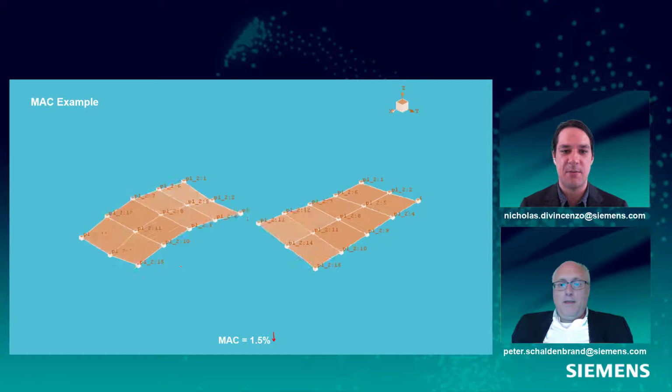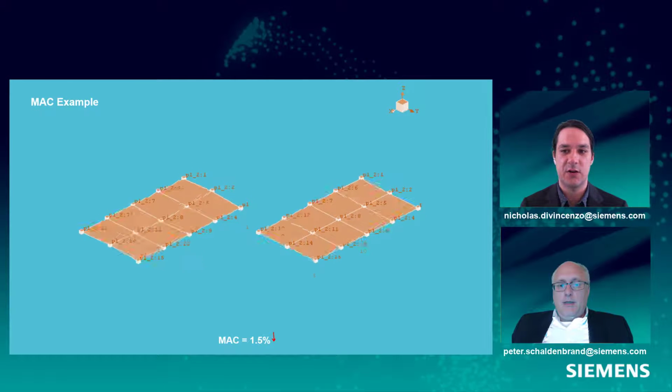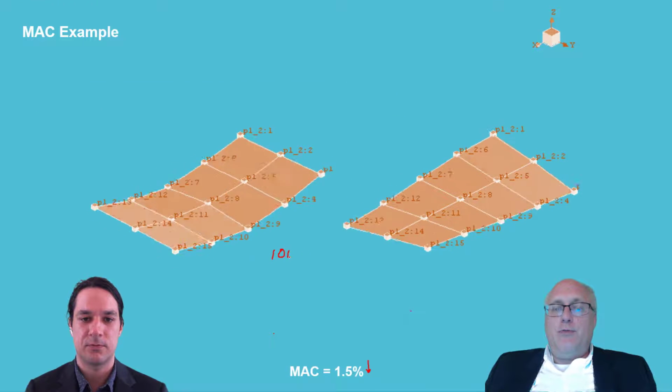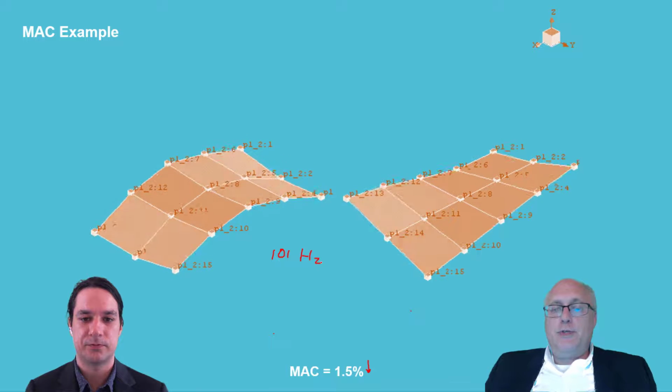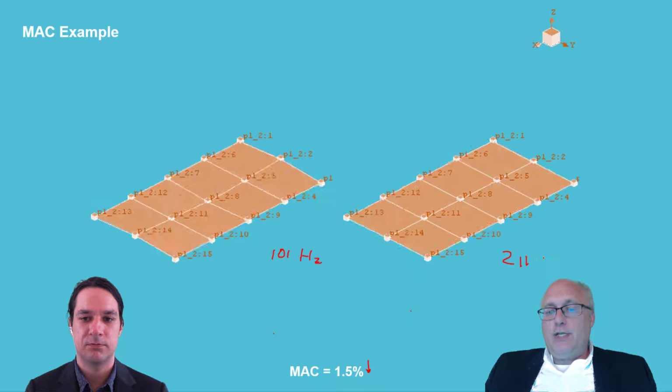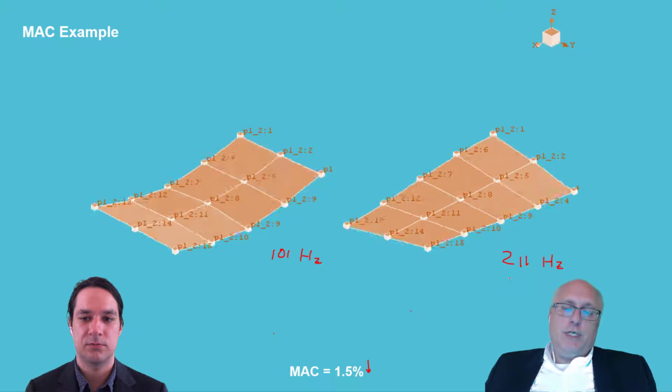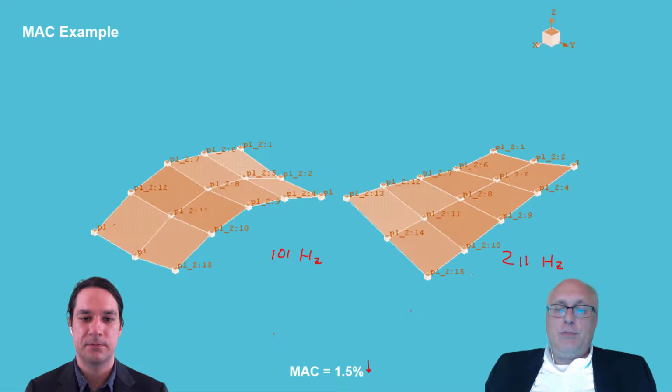So we expect that MAC value to be, in this case, very low. For example, if this is a 101 hertz natural frequency, this one is at 211 hertz natural frequency. Very different frequencies. You don't expect mode shapes to be the same. You should have a unique mode shape per frequency.